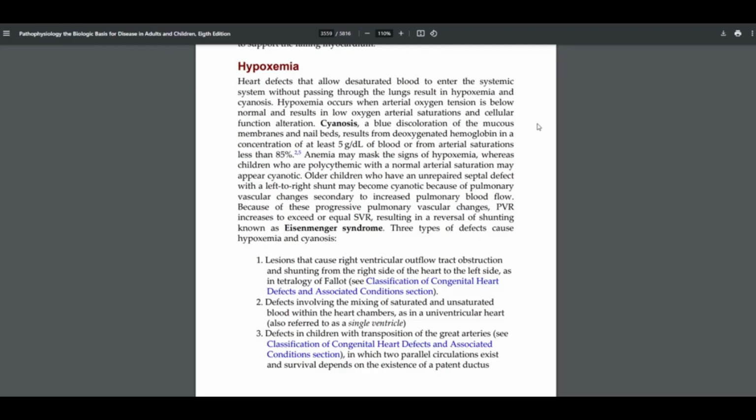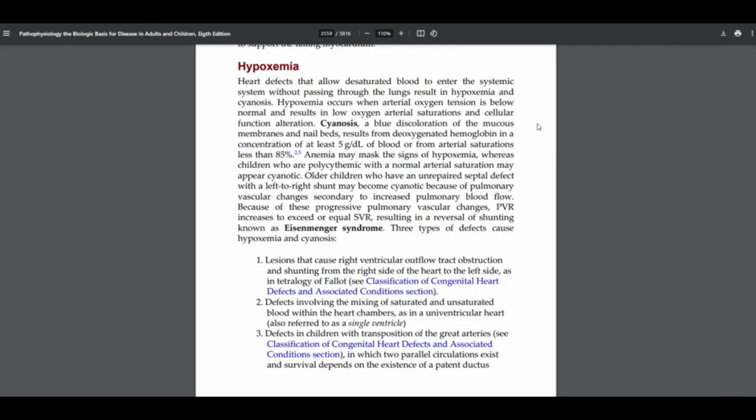Anemia may mask the signs of hypoxemia, whereas children who are polycythemic with a normal arterial saturation may appear cyanotic. Older children who have an unrepaired septal defect with a left-to-right shunt may become cyanotic because of pulmonary vascular changes secondary to increased pulmonary blood flow.